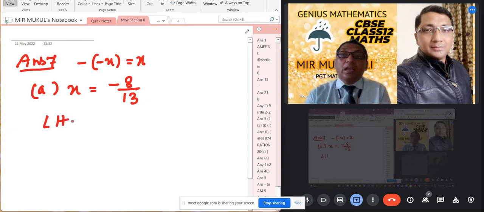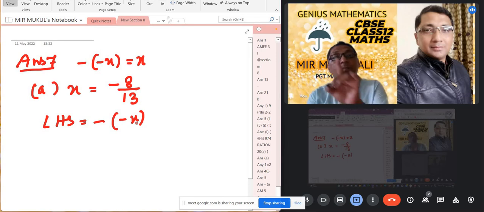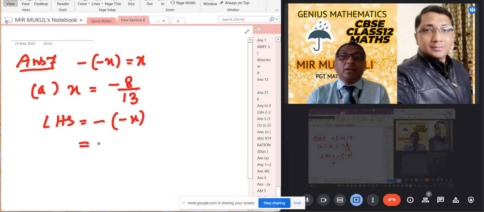So clearly LHS equals minus x. We know that minus x is the additive inverse of x. So minus x will be the additive inverse of x. So its additive inverse will be 8 by 13.